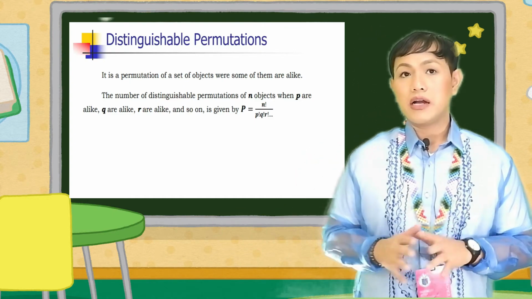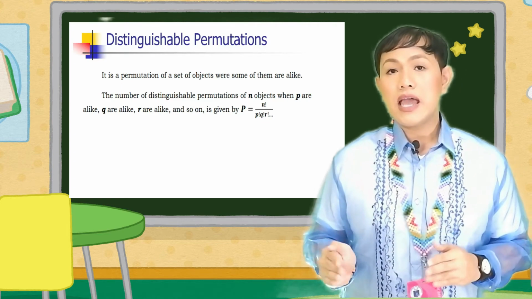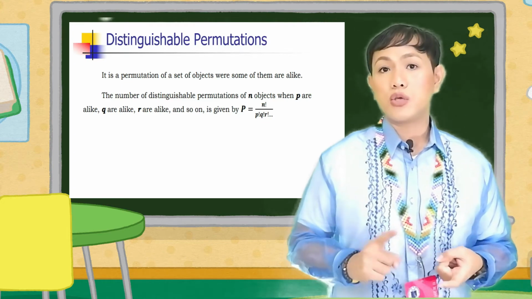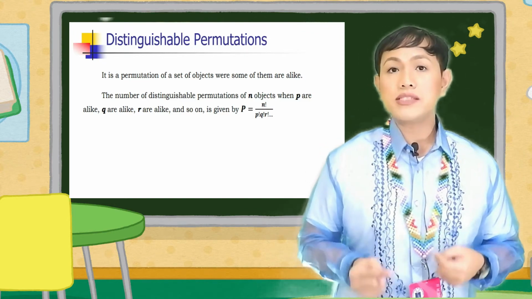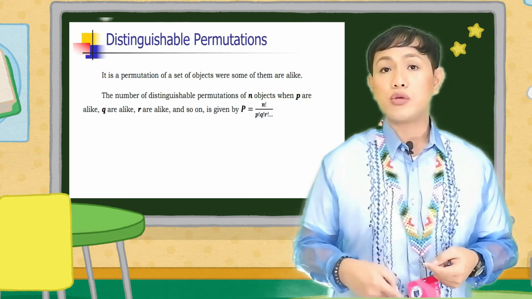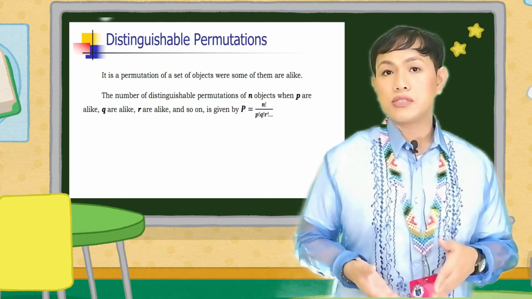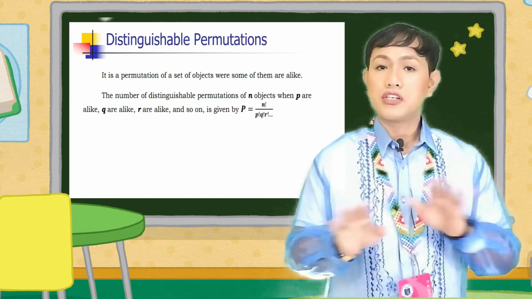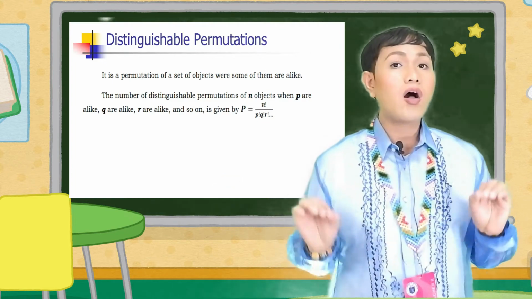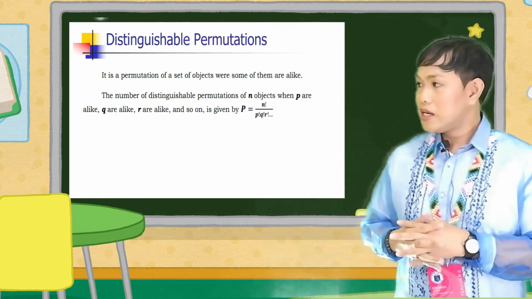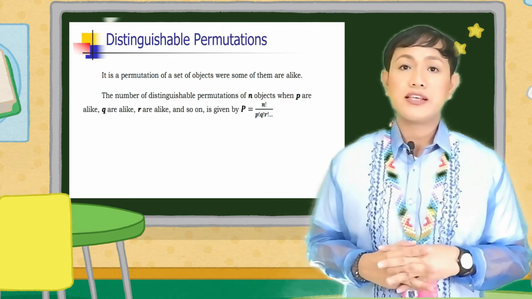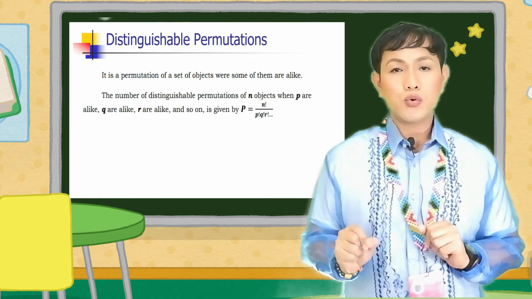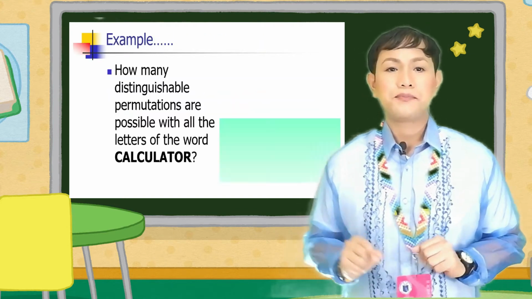In this particular notation, we get to see that a while ago, we used k sub 1, and this time we use p. A while ago, we used k sub 2, and this time we used q. And a while ago, we used k sub 3, and this time we use r. There's no problem about that because they all mean the same. So let us have more examples for this particular type of permutation, which is the distinguishable permutations.